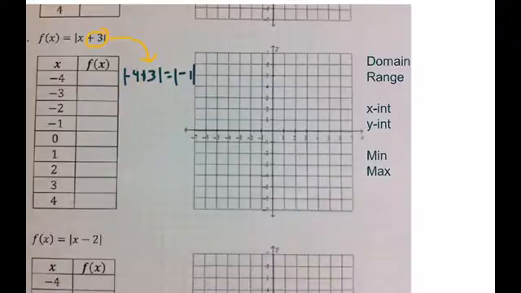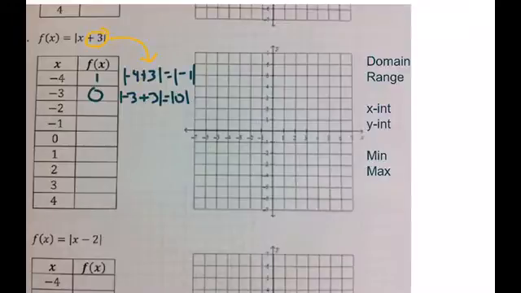The absolute value of -1 is +1. Okay, so again, you are going to plug in your x value, bring down the rest of the equation. -3 plus 3 gives us 0, and the absolute value of 0 is 0. So follow your order of operations.